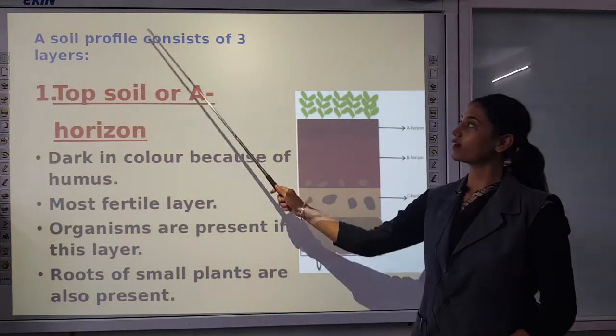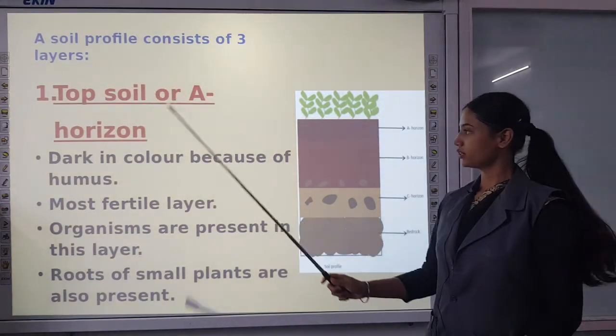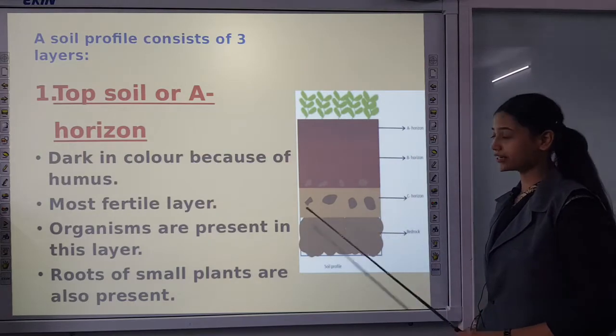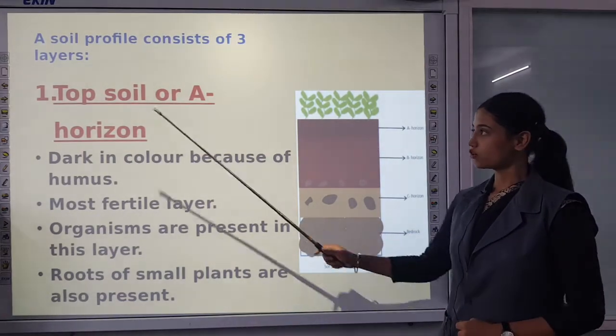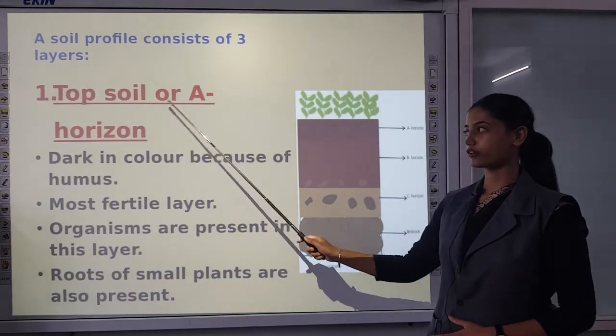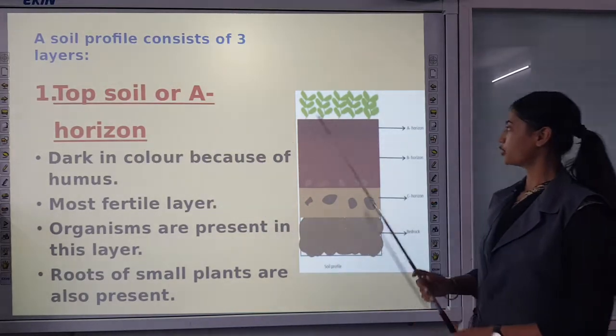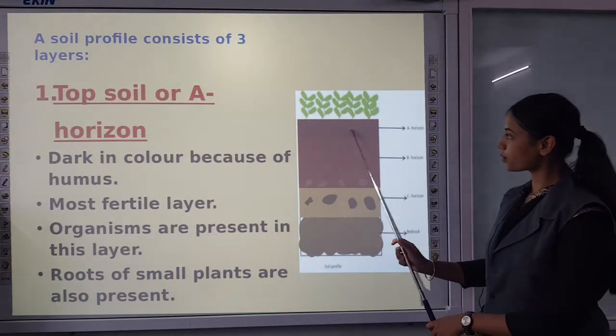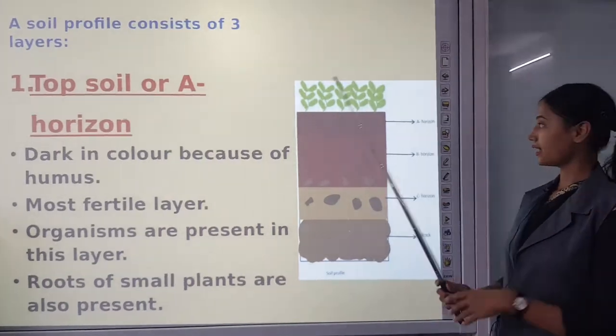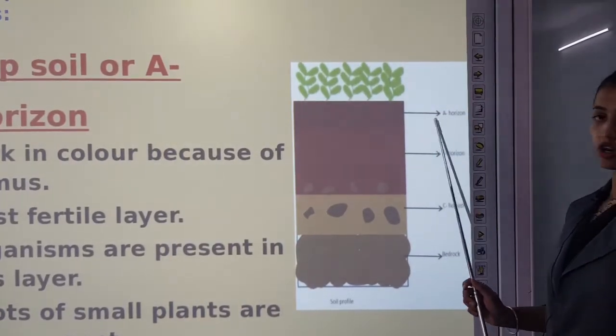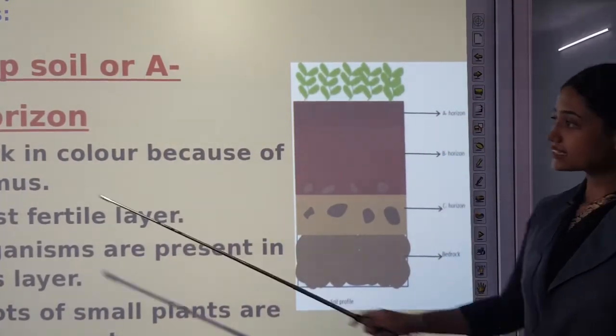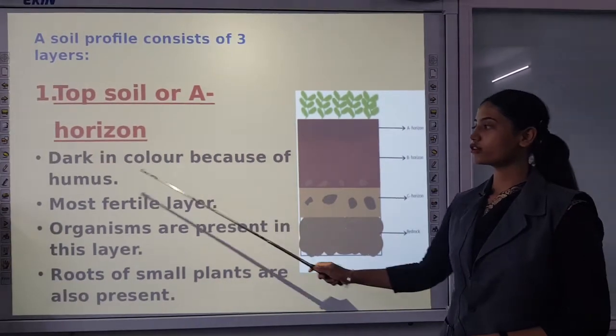Now a soil profile consists of three layers. We have divided this profile into three main layers. First is topsoil, which we call the A horizon. You can see this is topsoil present at the top. It is dark in color because of humus.